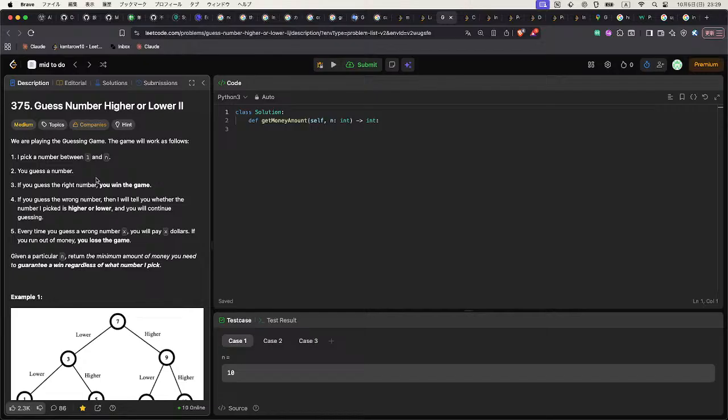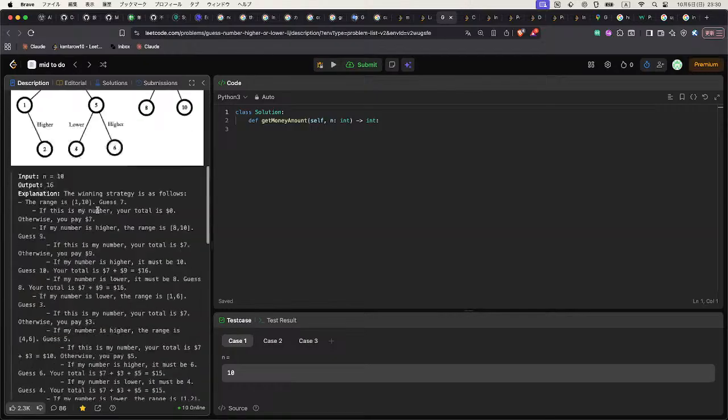If you guess the wrong number, then I will tell you whether the number I picked is higher or lower, and you will continue guessing. Every time you guess a wrong number x, you will pay $x. If you run out of money, you lose the game. Given a particular n, return the minimum amount of money you need to guarantee a win regardless of what number I pick.